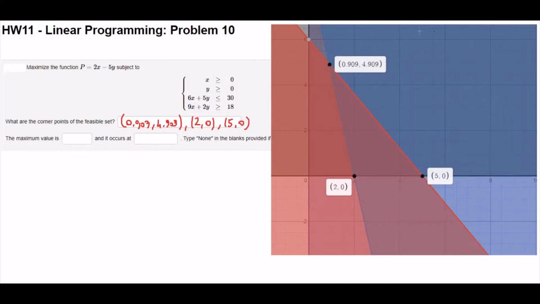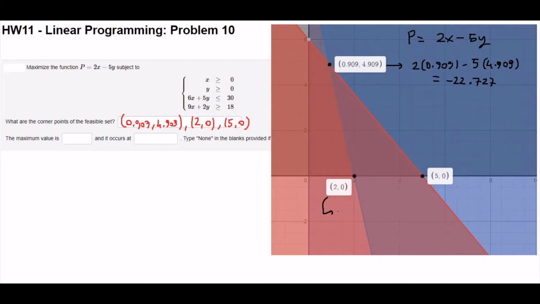Now we know that our objective function p is equal to 2x minus 5y. And at this point, it is 2 times 0.909 minus 5 times 4.909, and this value is equal to negative 22.727.